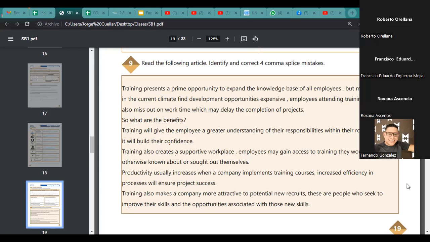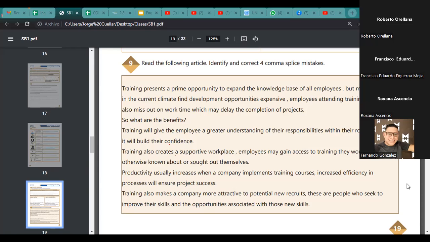What will be the second one? After workplace. After workplace, very good. Training also creates a part of workplace. And then what should we do? You can use and again: training also creates a part of workplace, and employees may gain access to training they wouldn't have otherwise known.